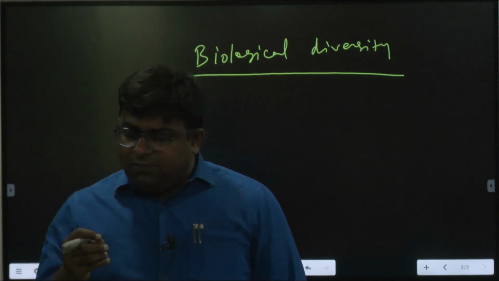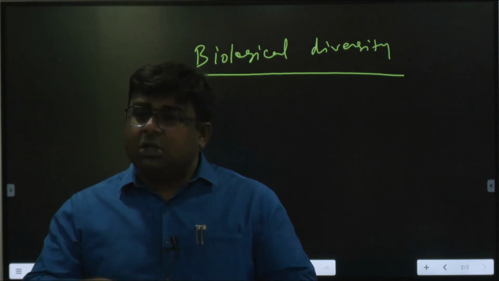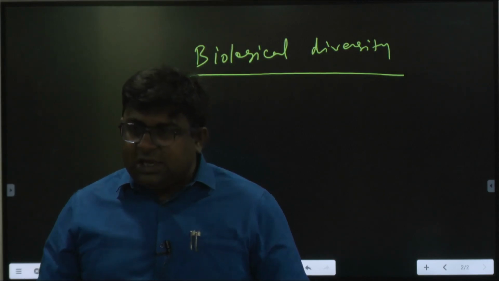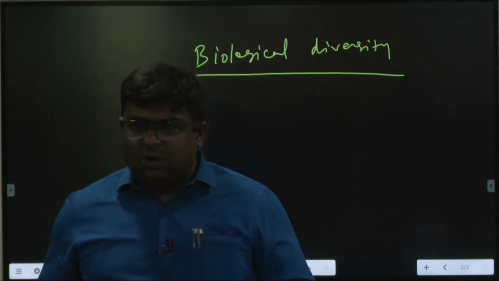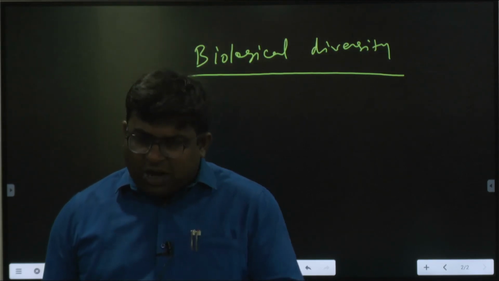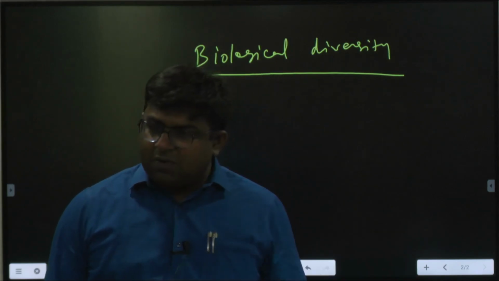And if we talk about this 2% proportion of Earth's original biodiversity, which is the current reality. Current reality means the present scenario of biodiversity of Earth is only 2% of its actual biodiversity.